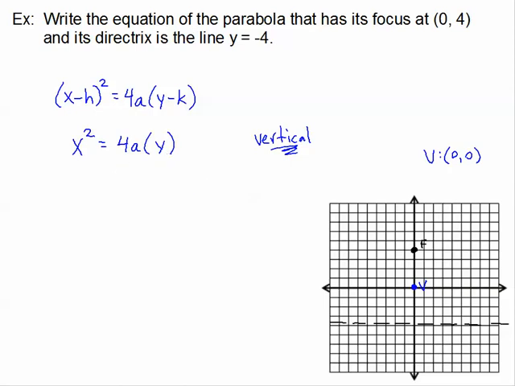But we don't need it because it's a whole lot easier. We know what a is already. a is always the distance from the focus to the vertex. And since we're going upward to get to the focus, we got a is positive 4. If a is 4, we can just plug that right into our equation here, and we've got our answer, x squared equals 16y.